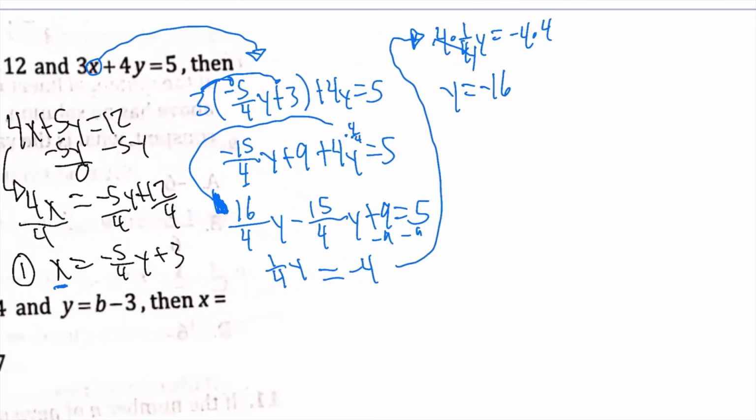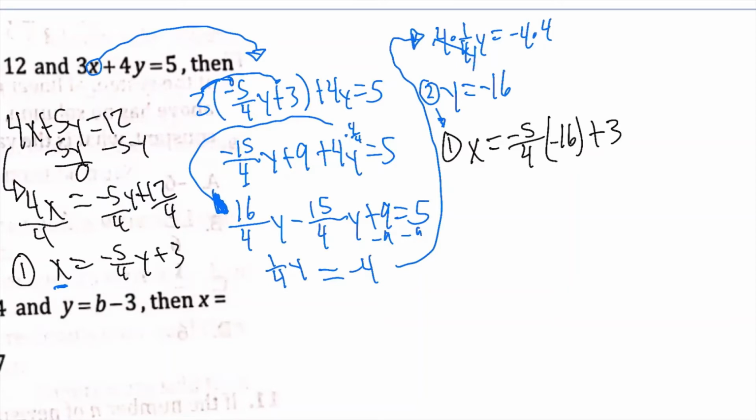Now remember, this is my equation 2. So now I'm going to plug this in to my equation 1. So equation 1, right? It's x equals negative 5 over 4y, which is negative 16, plus 3.